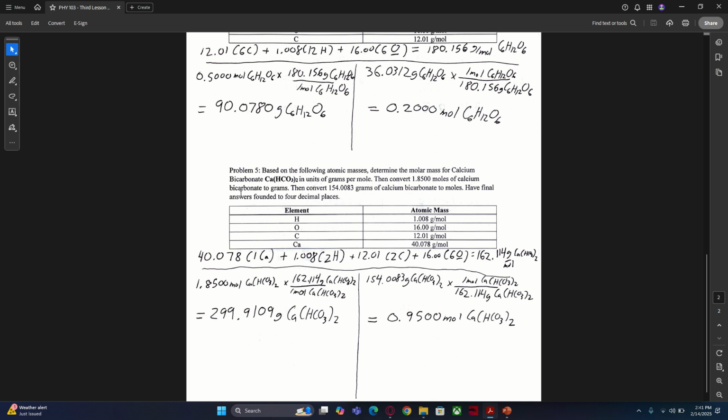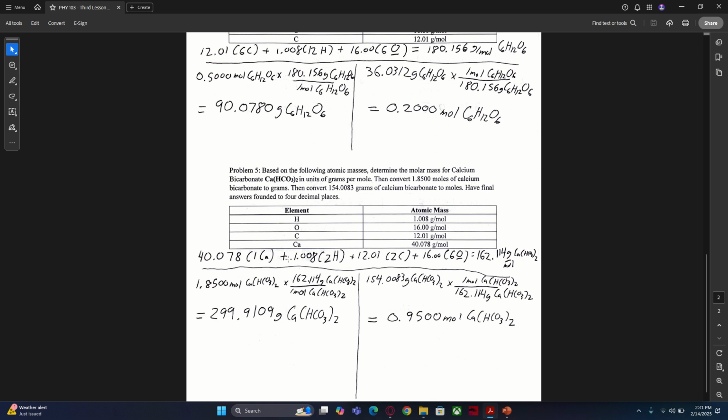So, in this case, let's look at how much of each element we have. We have 1 calcium, 2 times 1 hydrogens, 2 times 1 carbons, and 2 times 3 oxygens, or 6 oxygens.